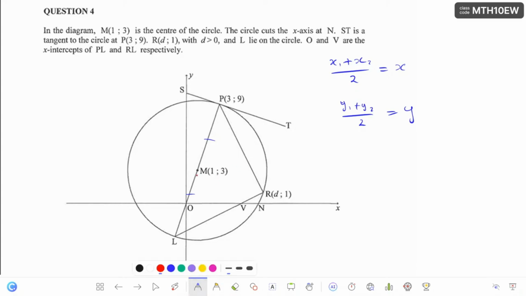Since we have this point and this point, calculate the gradient of this line.